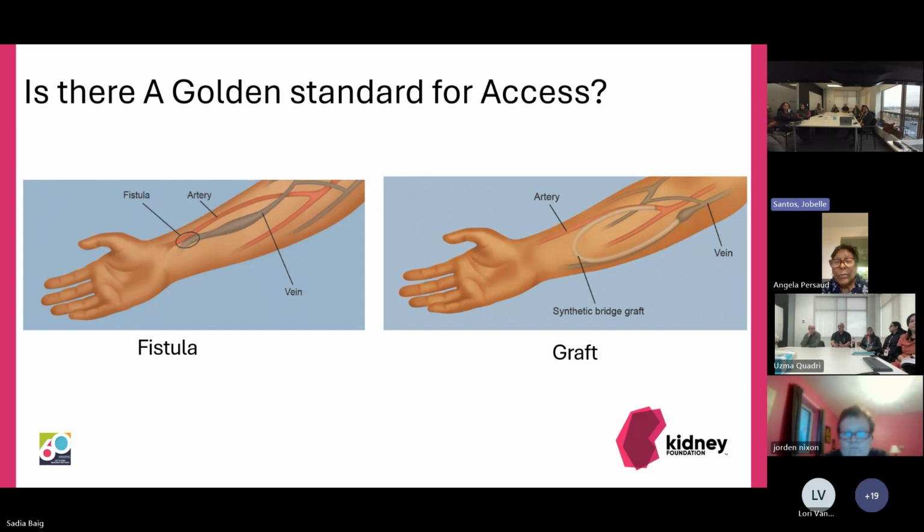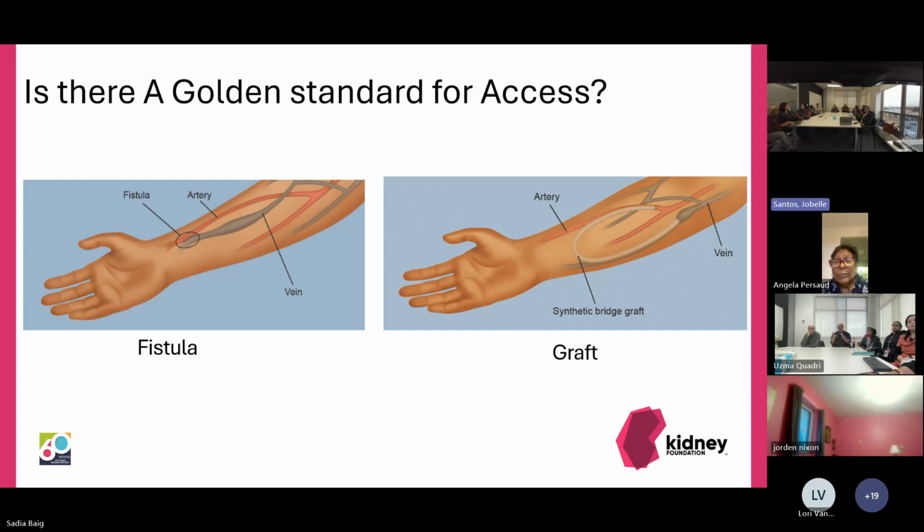So a fistula is when you take an artery and attach it to a vein. We need to attach the artery to a vein to actually make it larger. Arteries can increase in size, but veins can't. The type of needles that we use are fairly large to bring the fluid into the dialysis machine. So we need to increase the size of that vein, and we do that by attaching it to an artery.